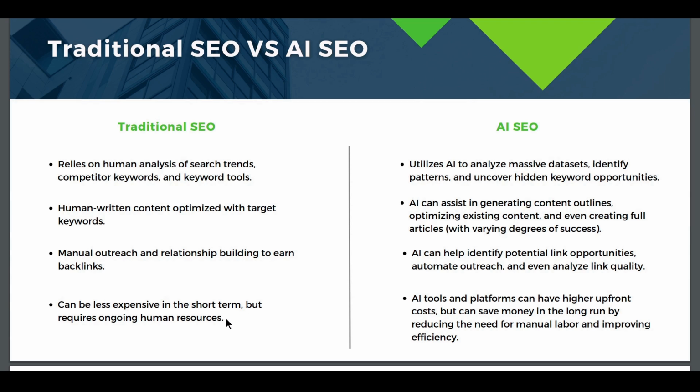So traditional SEO can be less expensive in the short term, but requires ongoing human resources. Whereas AI tools and platforms can have higher upfront cost, but can save money in the long run by reducing the need for manual labor and improving efficiency, right? So it's very true actually.